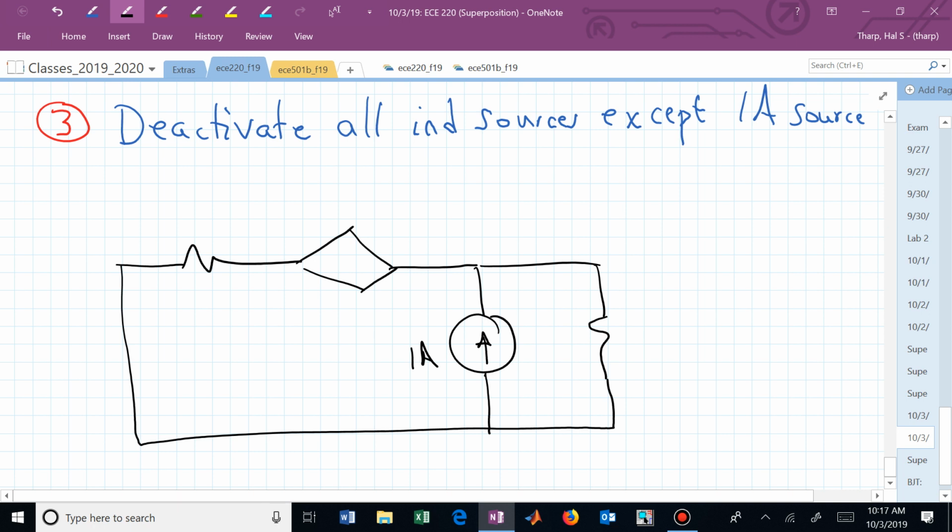Was the 1 amp? Yeah, it was going in that direction. Here was our I sub 0. Here's I sub 0. This is now plus V sub 0 3. This is 10, that's 1.